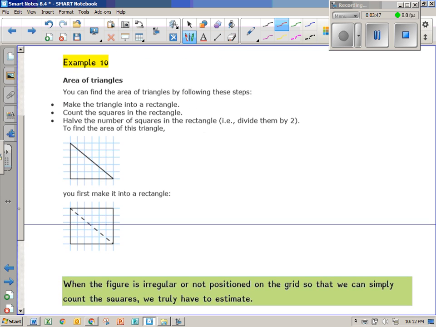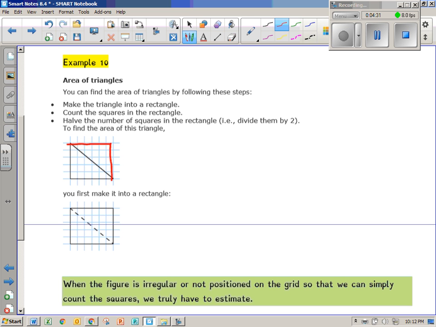One chunk of your homework has triangles on it, and especially when they're right triangles like this. But when you have a triangle, you don't really have to estimate all the little bits, because you can see here you've got kind of a little portion, a little teeny tiny bit, and instead of approximating that, if you just make a rectangle out of the whole thing, it really is harder to write on the smartboard than it looks.